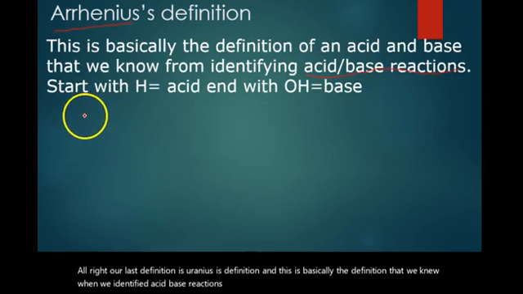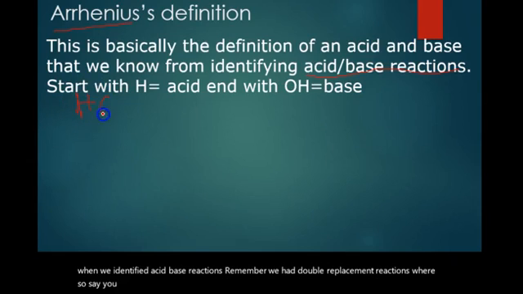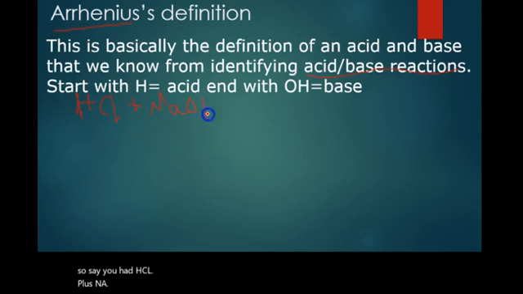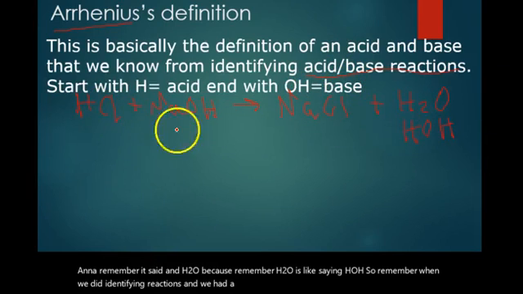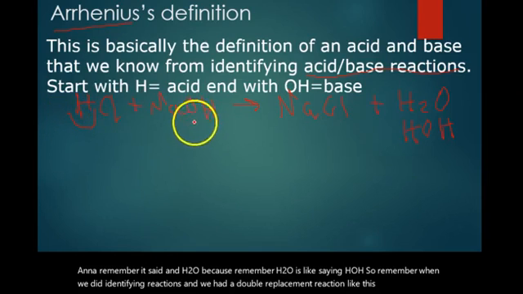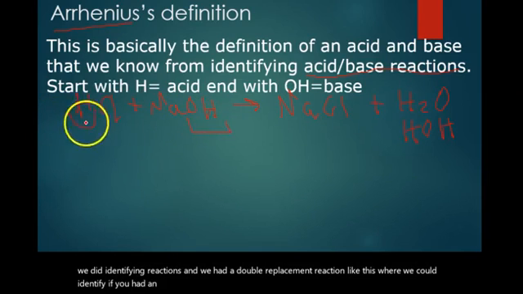Remember, we had double replacement reactions where, say you had HCl plus NaOH yields NaCl and H2O, because remember H2O is like saying HOH. So when we did identifying reactions and we had a double replacement reaction like this, we could identify if you had an acid and a base.